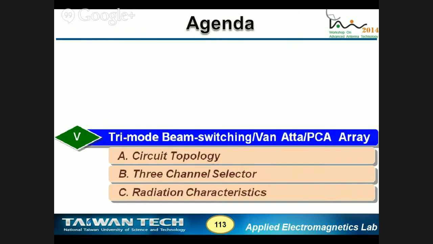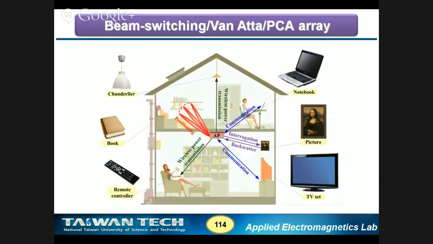It can communicate with others. It can position to some extent. And it can do wireless power transmission. And also, it can reflect back some information of its own. For example, think about an access point that has a sensor, that is also a sensor node.